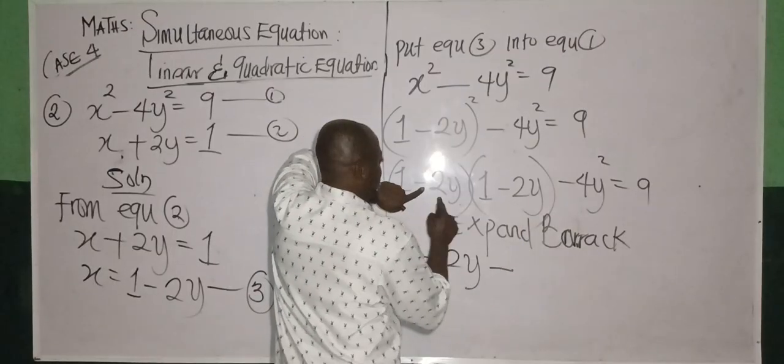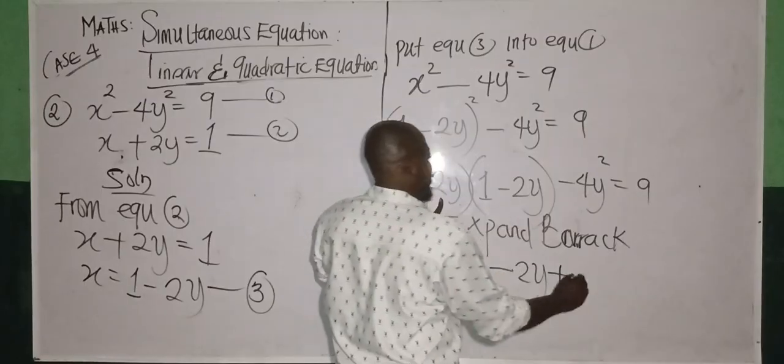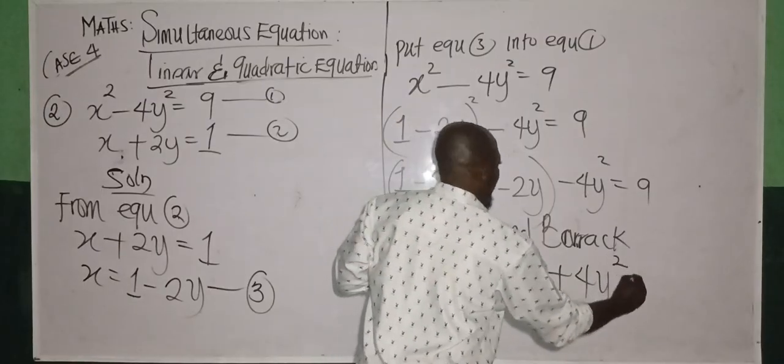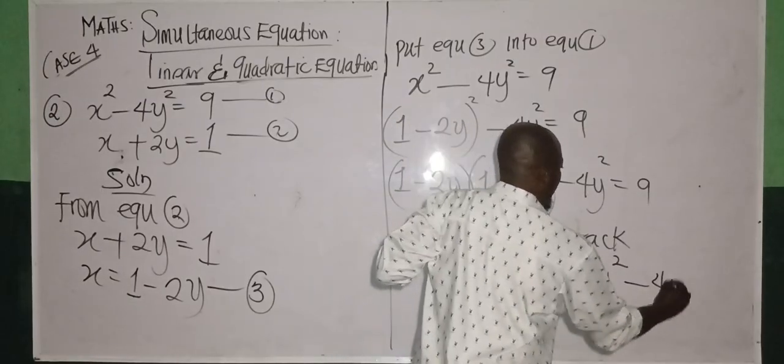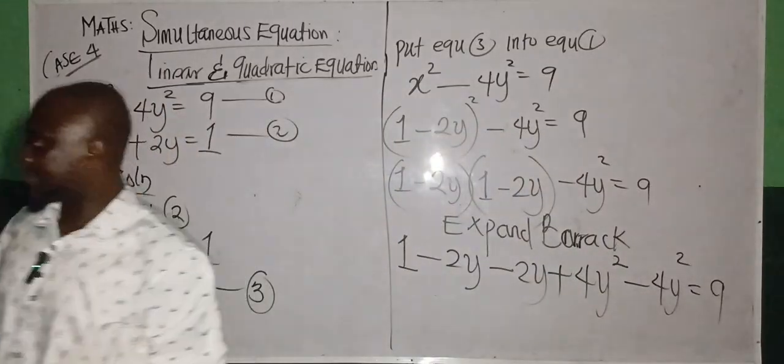Come to this one, minus 2y times 1 will give us minus 2y. Minus times minus is plus, 2y times 2y will give us 4y squared, then minus 4y squared, then equals 9.